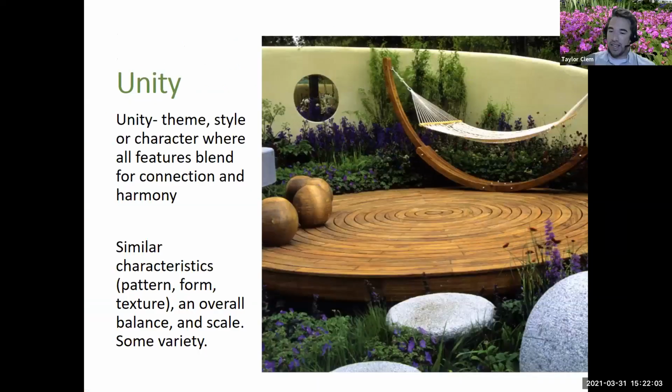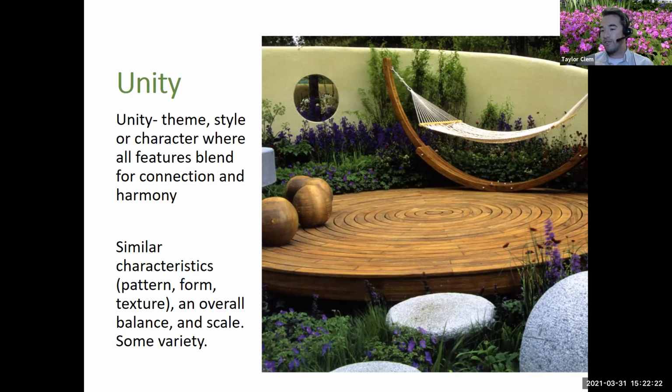So then unity is just like, if you're a big Lebowski fan, you know, the rug ties the room together. Unity is what ties the whole landscape together. It's a theme, a style, the character that you're seeing throughout the landscape.